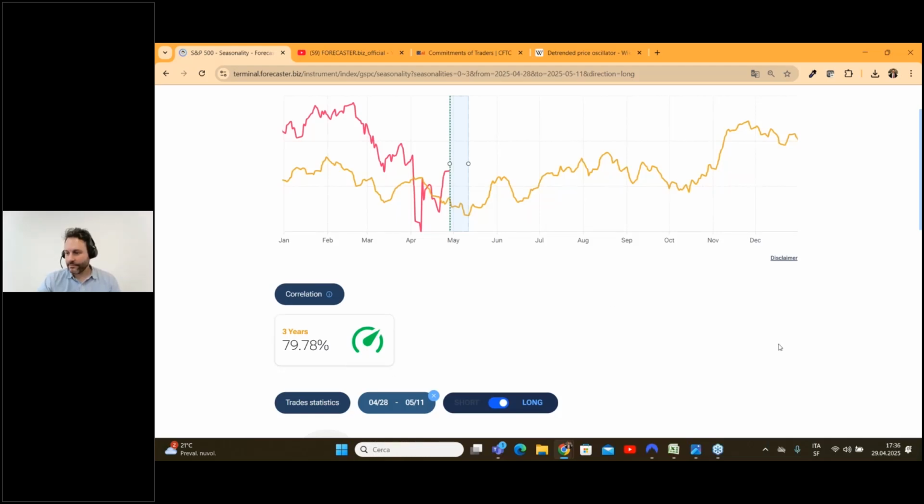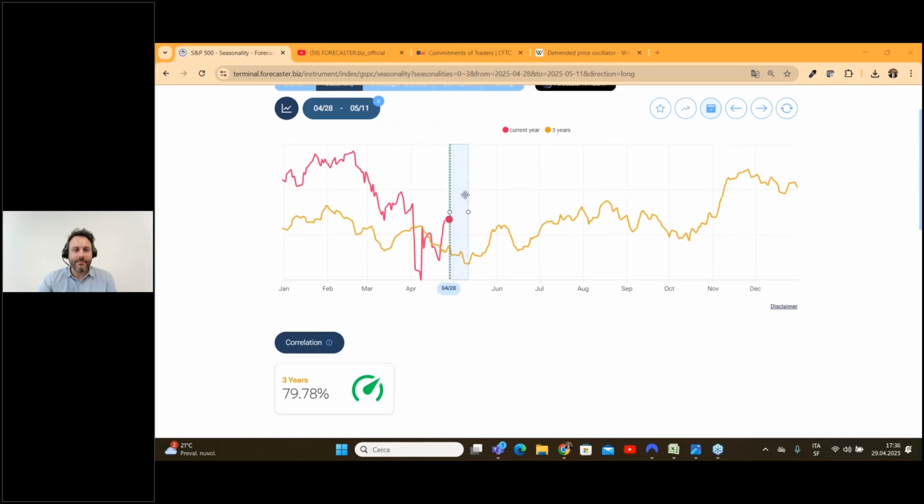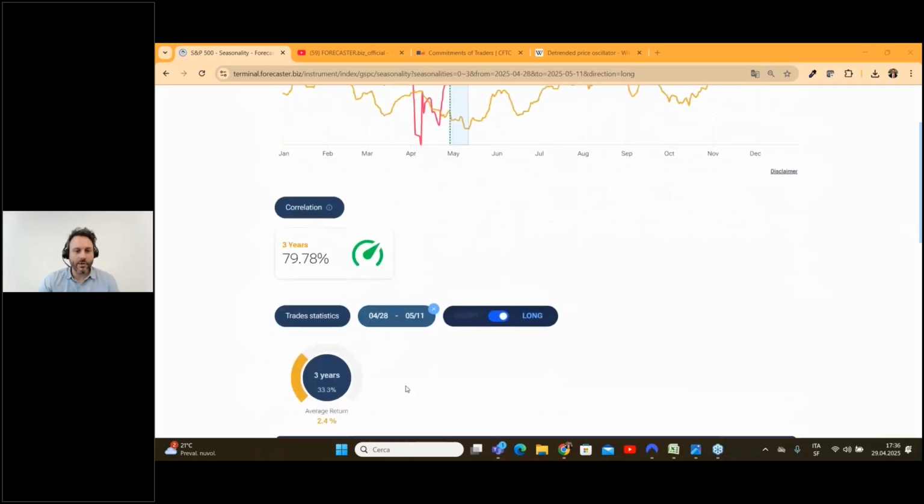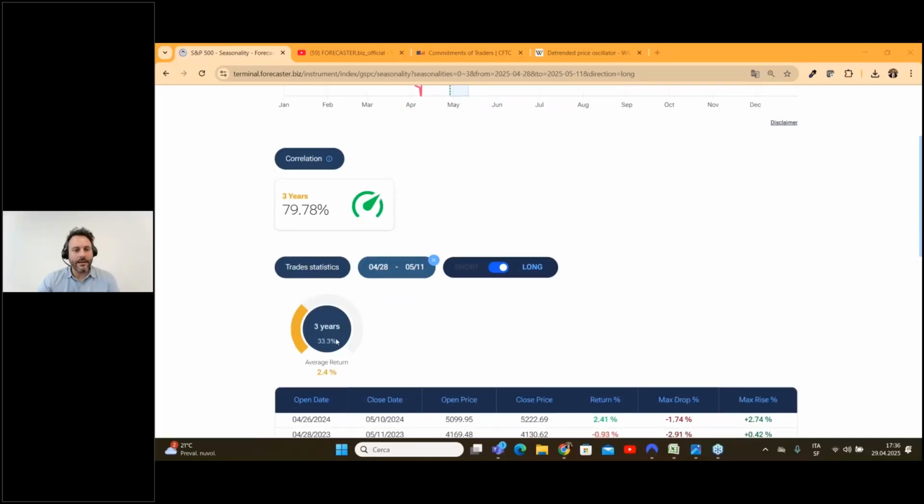Yes, as Anil is writing in the chat, we have a higher probability for a downward movement in this specific period than an upward movement, because both the winning rate and the average return increase if we highlight a short trade.